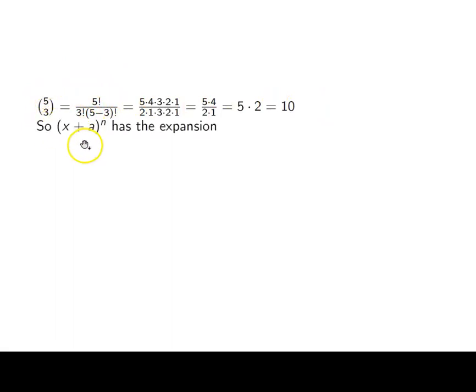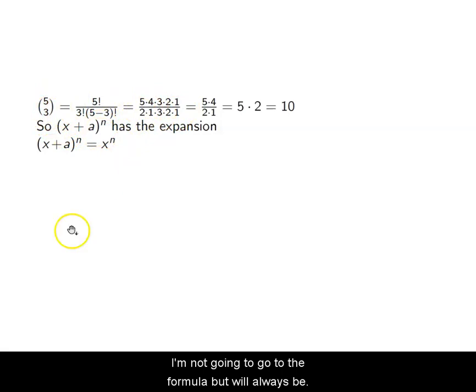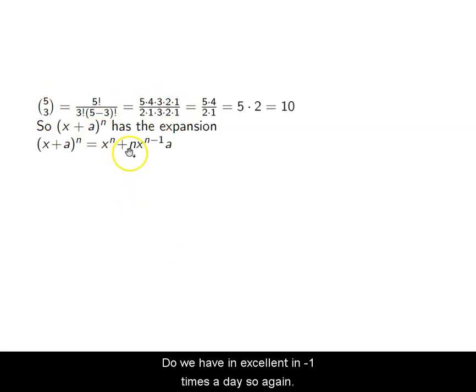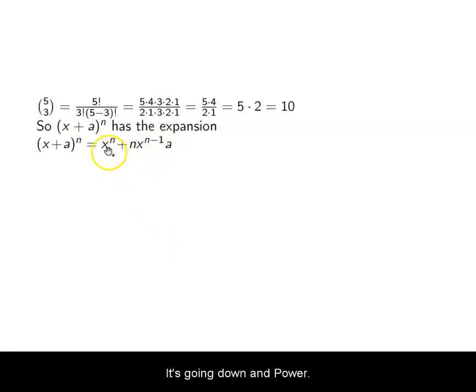N choose k. So x plus a to the nth has the expansion of x plus a to the n. So we have x to the n, because I'll have 5 choose 0. I'm not going to go through the formula, but it'll always be 1. Okay. Then we're going to have n, x to the n minus 1 times a. So again, notice x is going down in power. A is increasing.